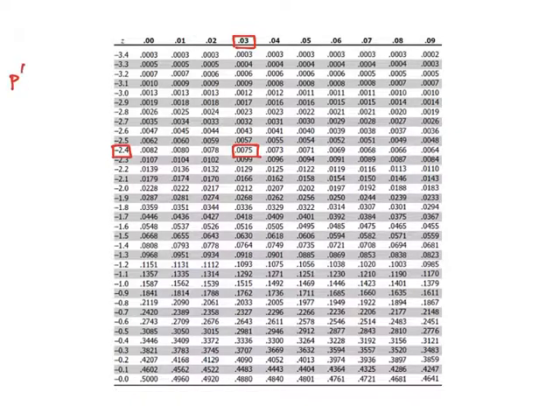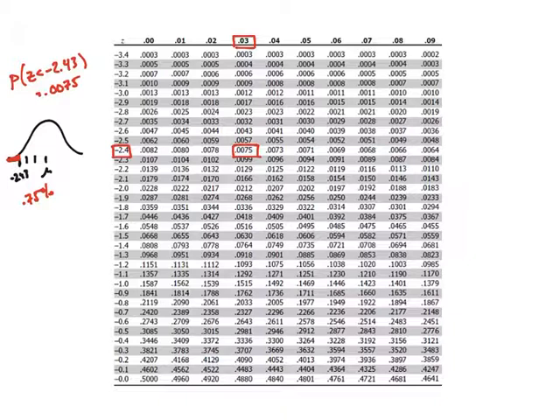So the probability that z is less than negative 2.43 is 0.0075. Not a whole lot of stuff. We think about the picture here. Mu's in the middle, negative 2.43 is going to be about there. And the probability that we're less than that value is about 0.75%.